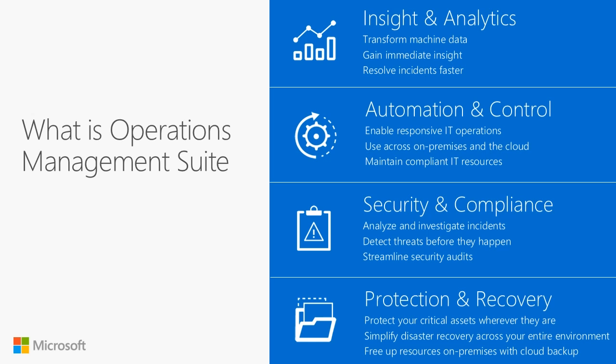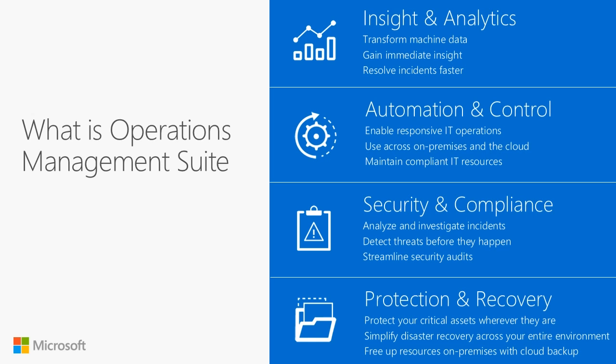So what do you get in OMS? Insight and analytics. Gain immediate insights across workloads, tap into operational intelligence when it matters to explore, analyze, and take action faster. You also get automation and control, enable consistent control and compliance, deliver continuous IT services, and remediate issues quickly at scale.